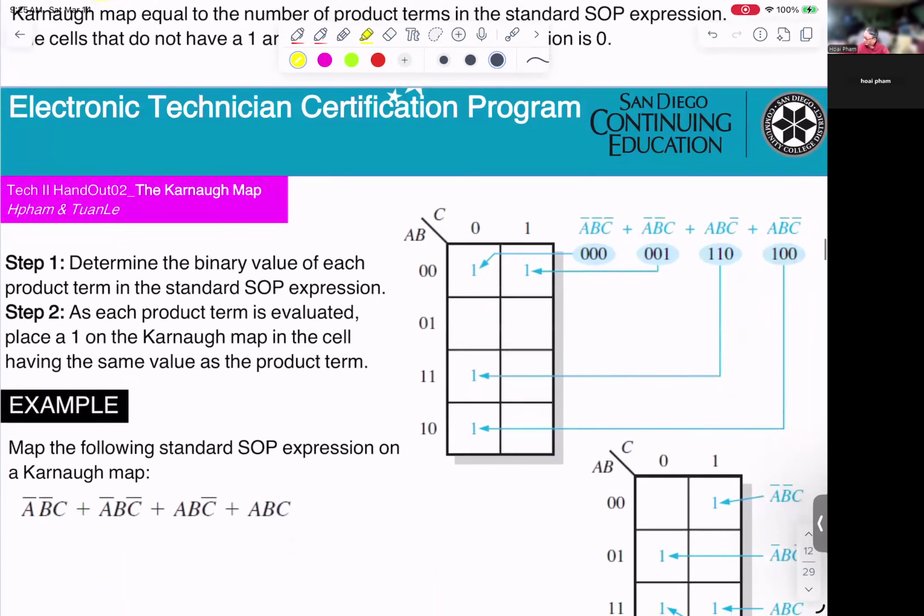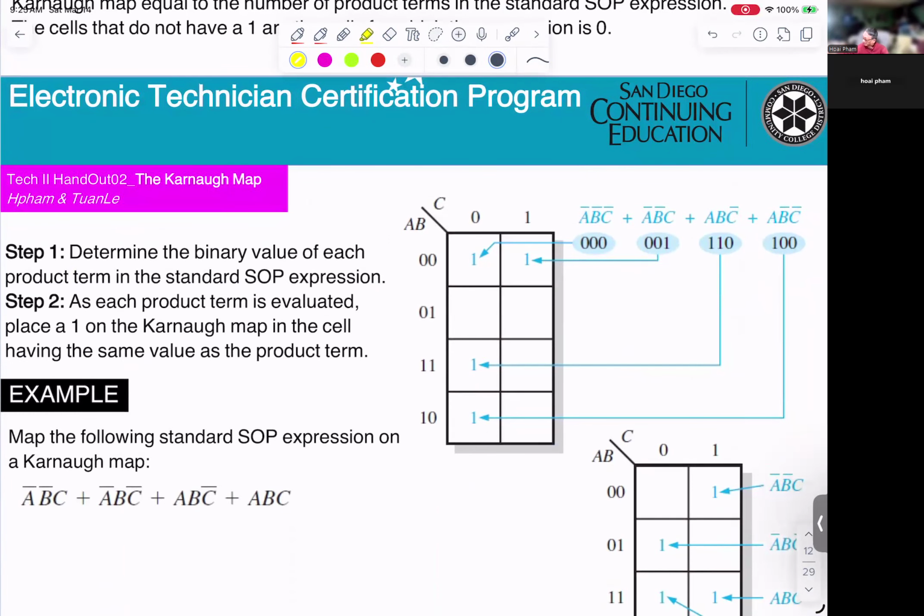Now, see this one. Step 1: determine the binary value for each product term in the standard SOP expression. That means you get a 1 here, 1 here, 1 here, 1 here.